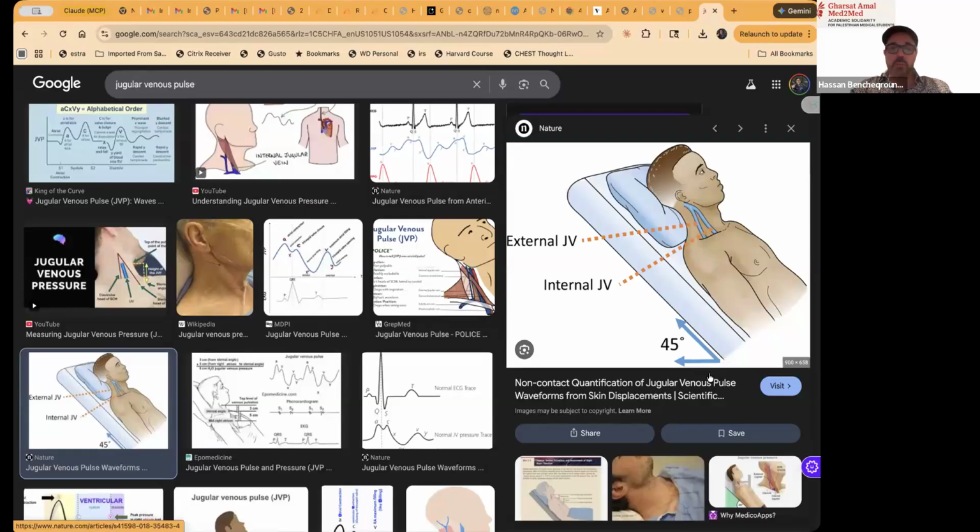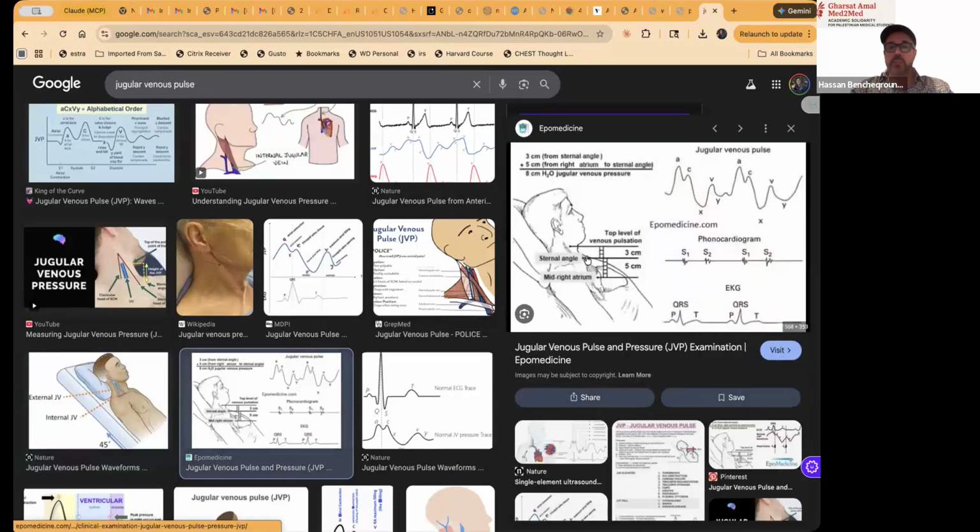So you position somebody at 45 degrees, and in that somebody at 45 degrees, you look for, this is the sternocleidomastoid. You look at the internal jugular, and then you see where is the right atrium. The right atrium is usually right below the sternum at that point.